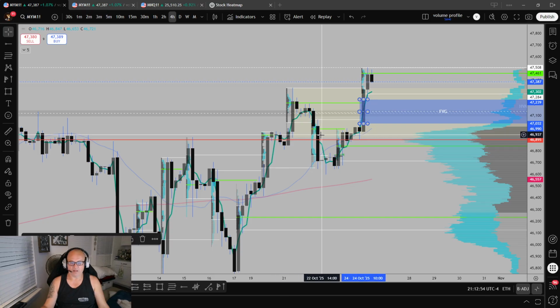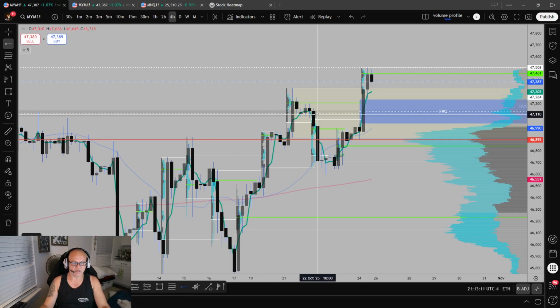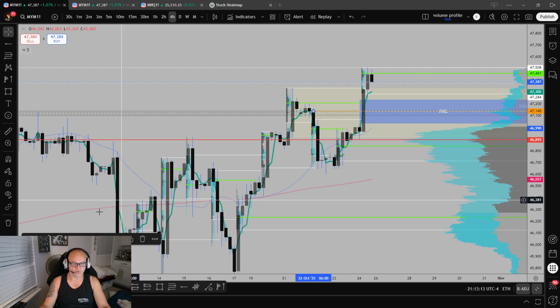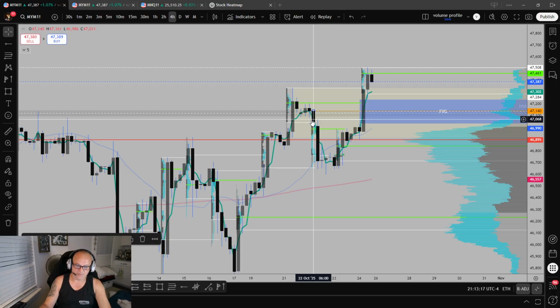Okay, so I know the midline of this order block is going to be somewhere down here, and I'm thinking price isn't going to come back down here because right now all of my confluence is sitting right here, in this area. What does give me a little bit of confluence to that area is the opening price of what I would consider the order block, which is the opening price of this down candle here.